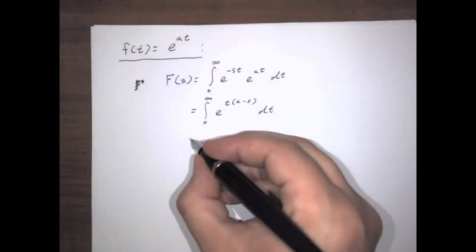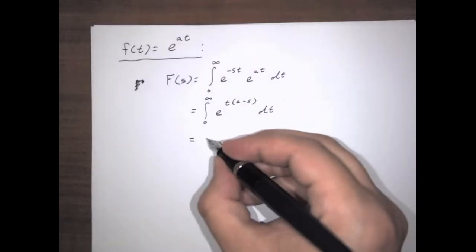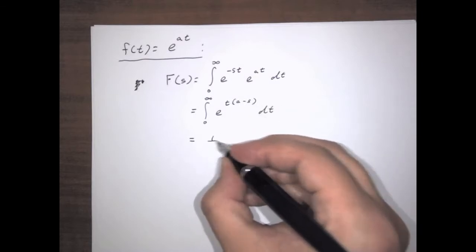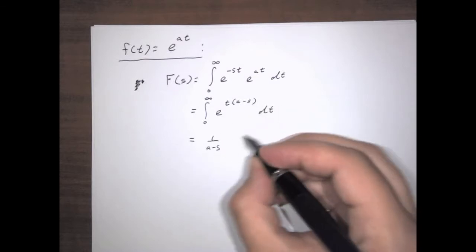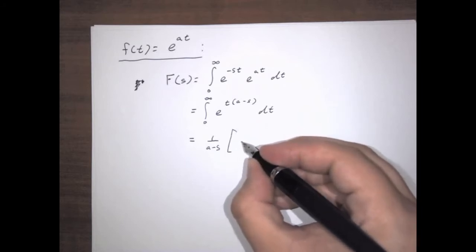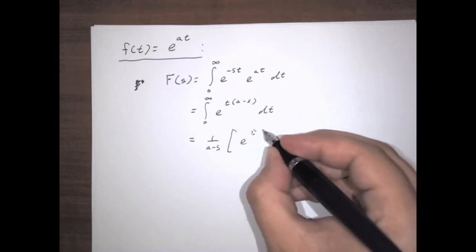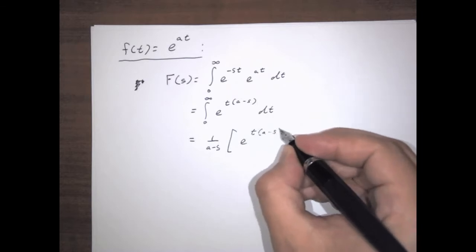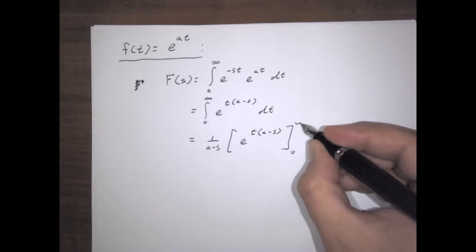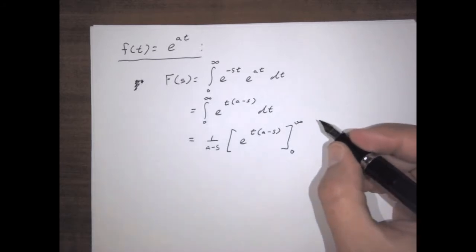which then is going to be an integral where we have, these are both constants as far as t is concerned, so it's going to be 1 over a minus s times e to the t times a minus s evaluated from 0 to infinity.